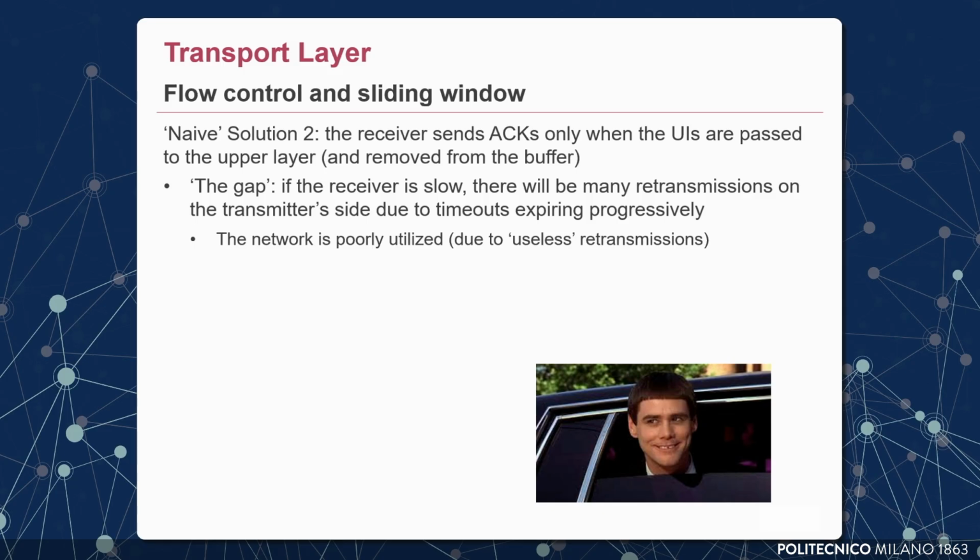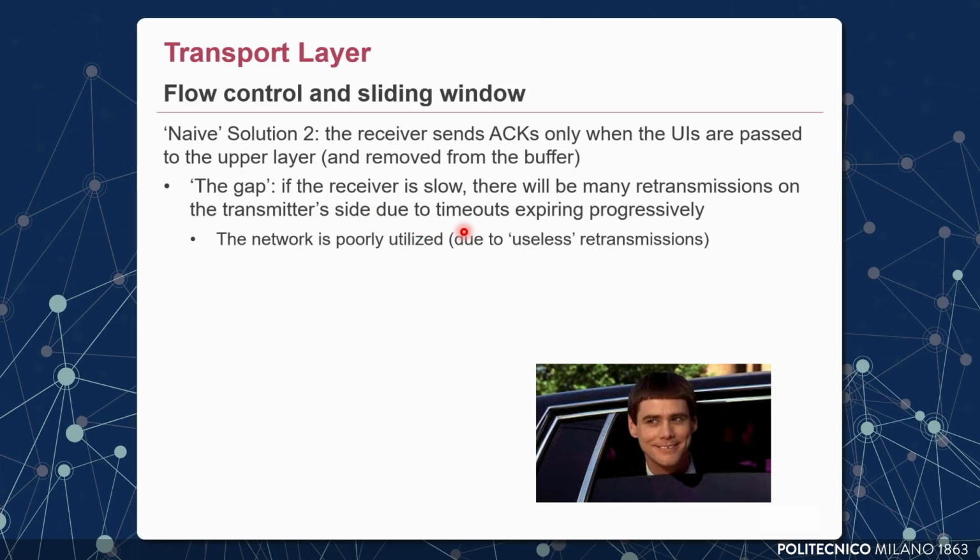The other solution is that the receiver sends acknowledgements only when the units of information are passed to the upper layers. However, there is again a risk that if the receiver is slow, there may be many retransmissions because of timeouts.